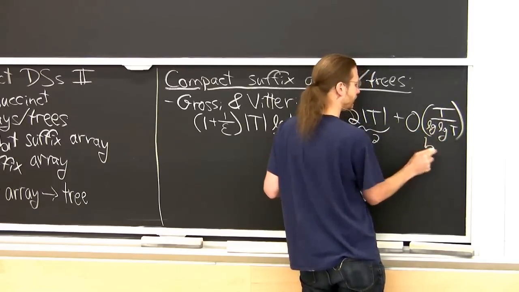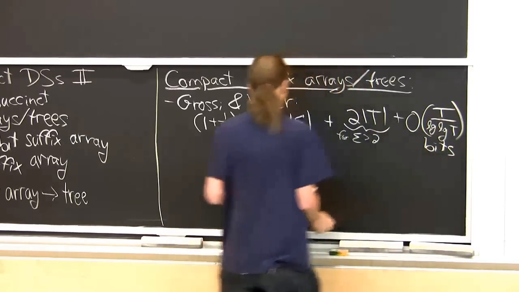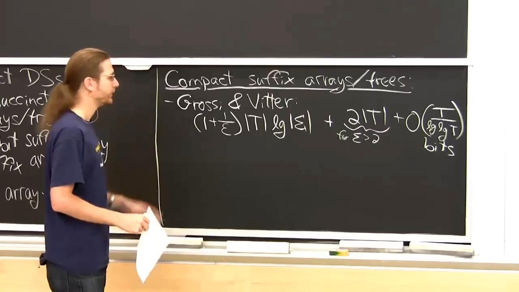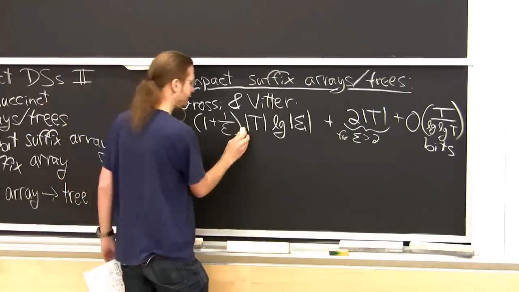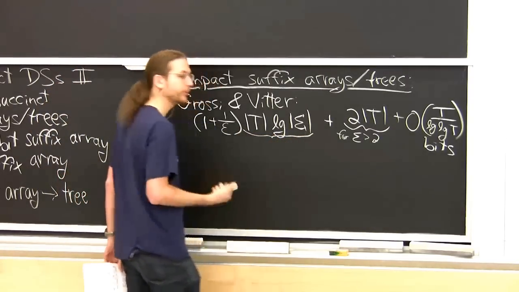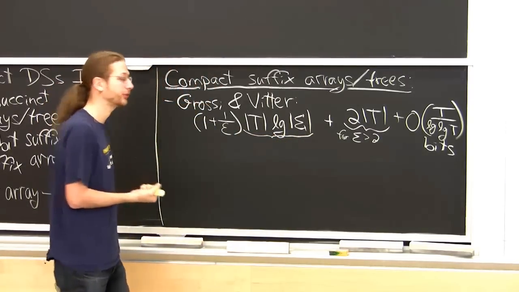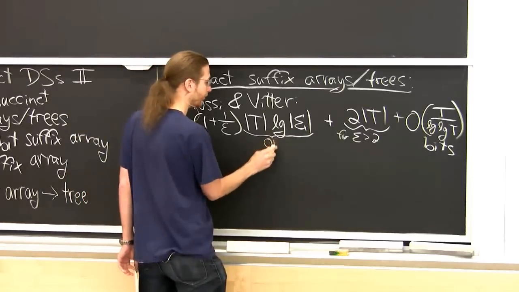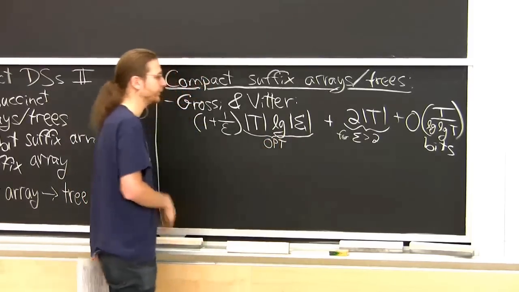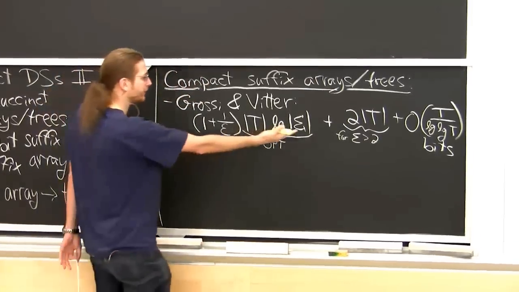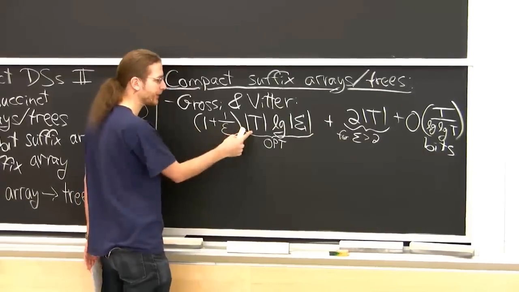So this is the first space bound. I guess the big term here is t log sigma. That's how many bits it takes just to write down the text. So this is what you might call optimal in this world. If you have random text, you need that many bits to write it down. So there's 1 times that.